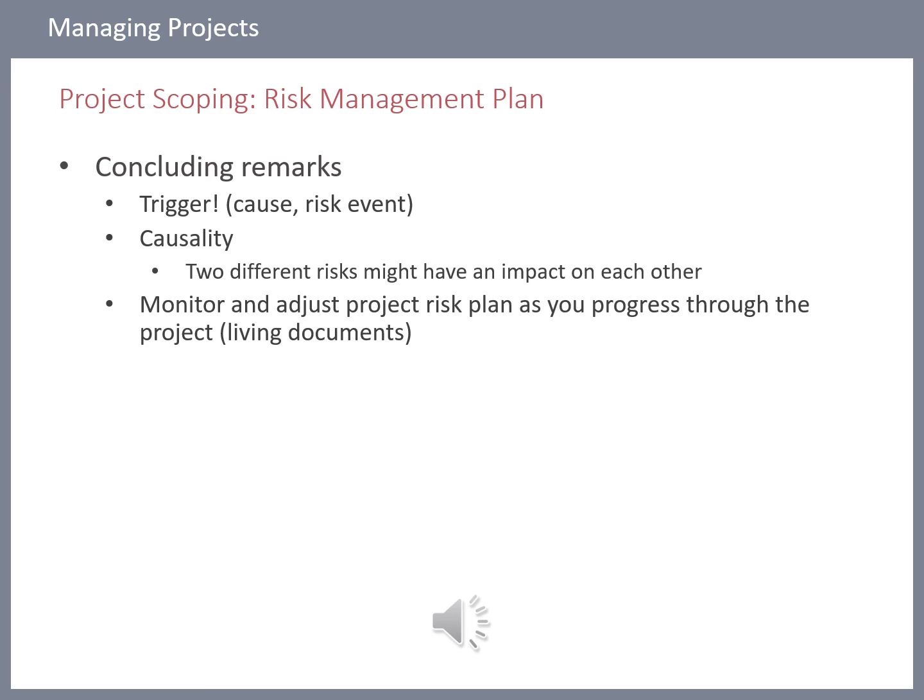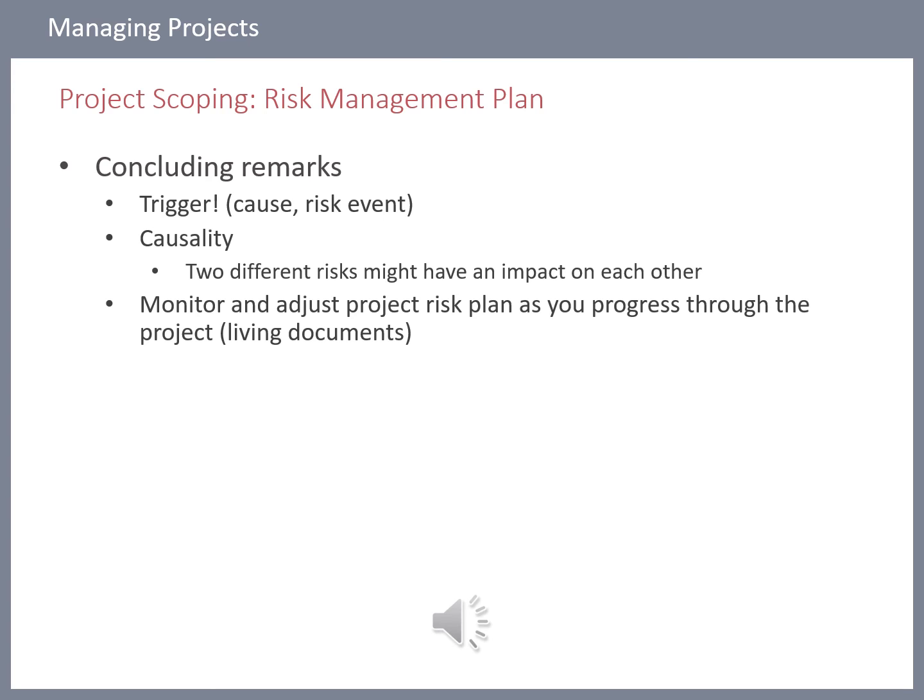An example: if you are working in a factory or on a construction site, then overtime hours might trigger people on site getting hurt more often. So have a look at that when you are setting up your project risk plan, and be aware of those and monitor them, so that you know when you can expect the probability of a risk to increase, to happen more often.